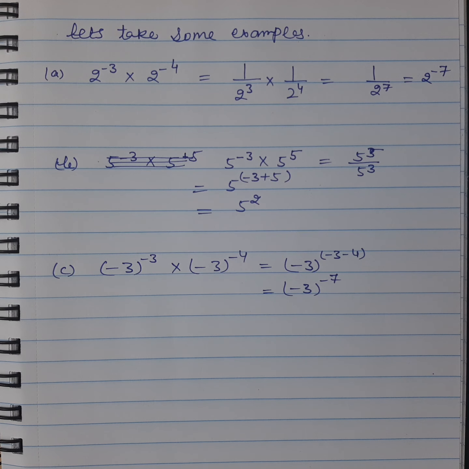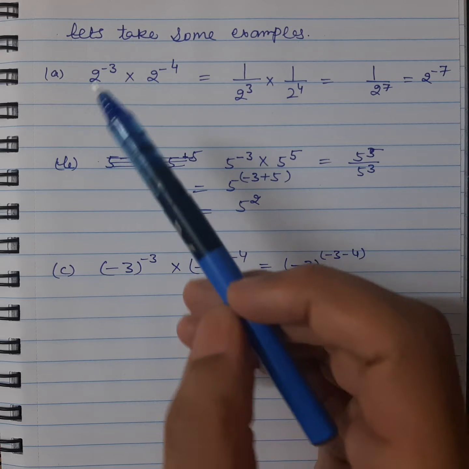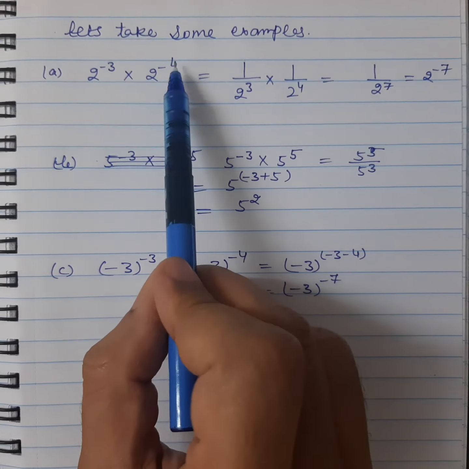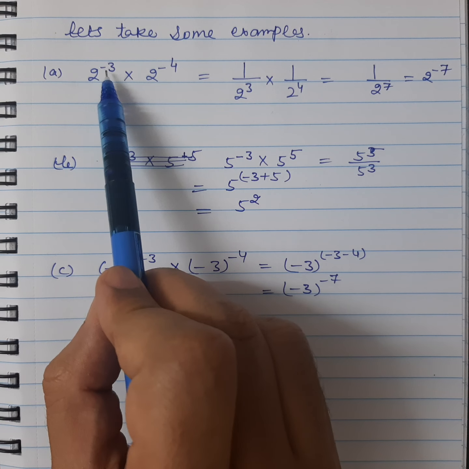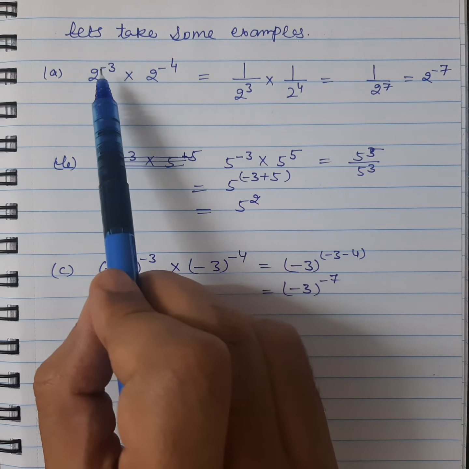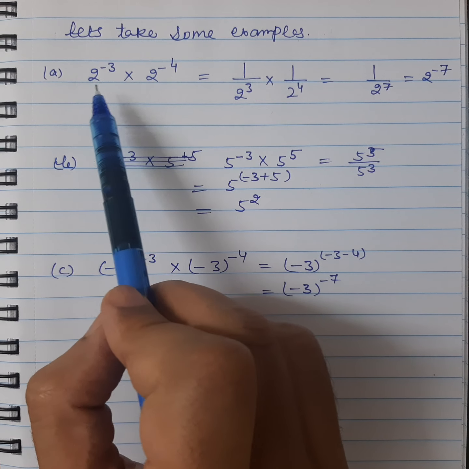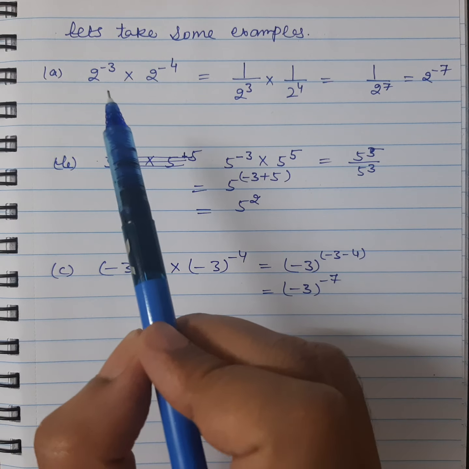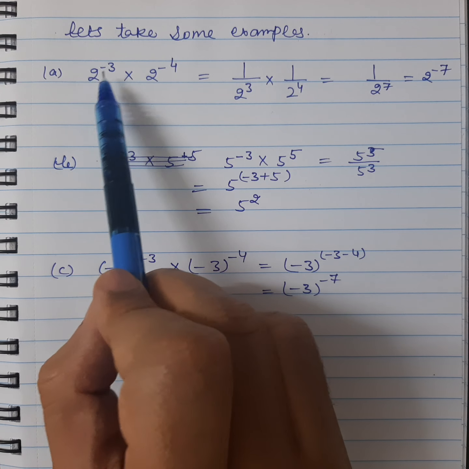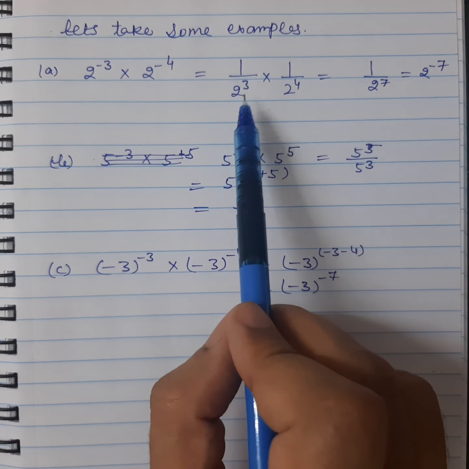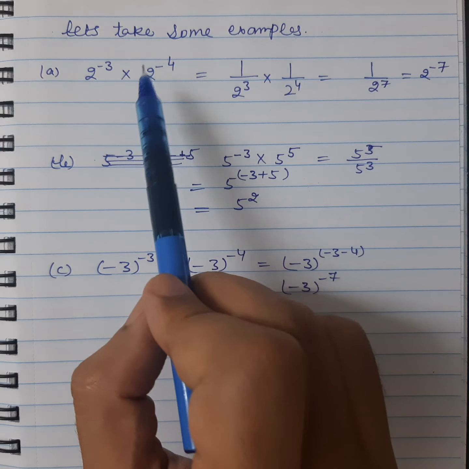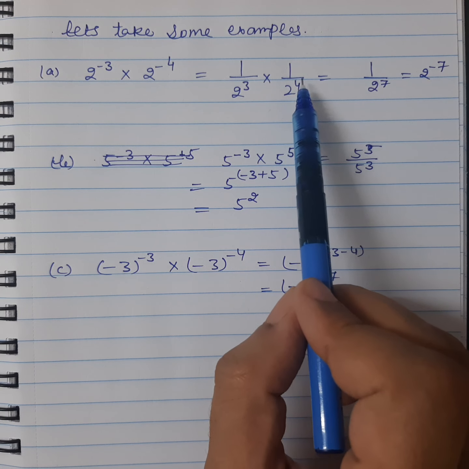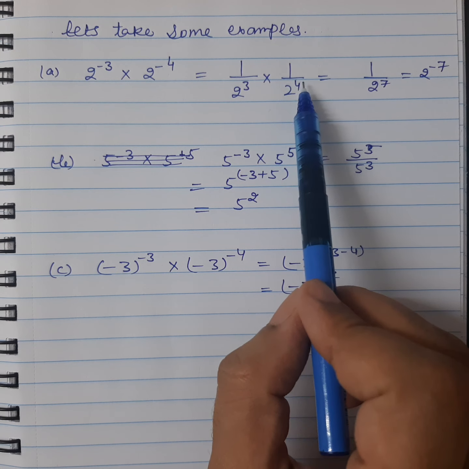So let's take some examples. Let's try to solve 2 raised to the power minus 3 multiplied by 2 raised to the power minus 4. As we discussed, we can simply add the exponents, but let's first try to convert them into positive exponents and then see what happens. We can write 2 raised to the power minus 3 as 1 divided by 2 raised to the power 3. We can write 2 raised to the power minus 4 as 1 divided by 2 raised to the power 4.